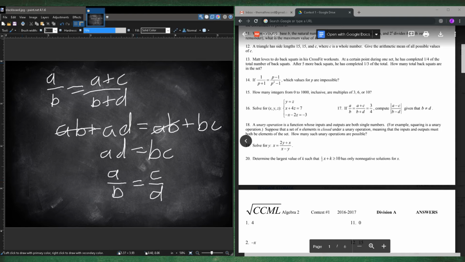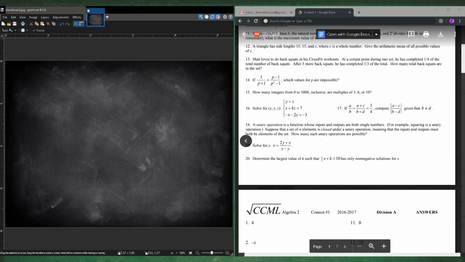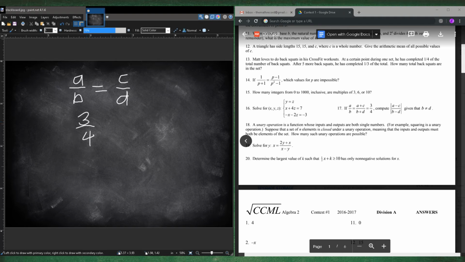So let's work with the 3/4. So A over B is equal to C over D. And A over B is 3/4, that's what we have already. Then C over D is also equal to 3/4. That's what it's telling us, basically.